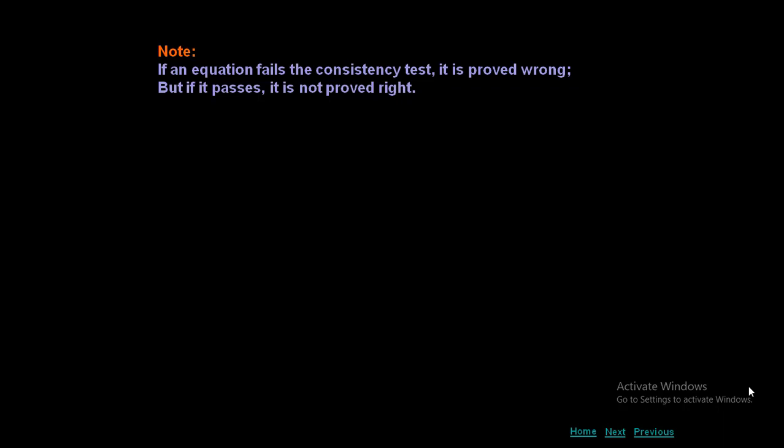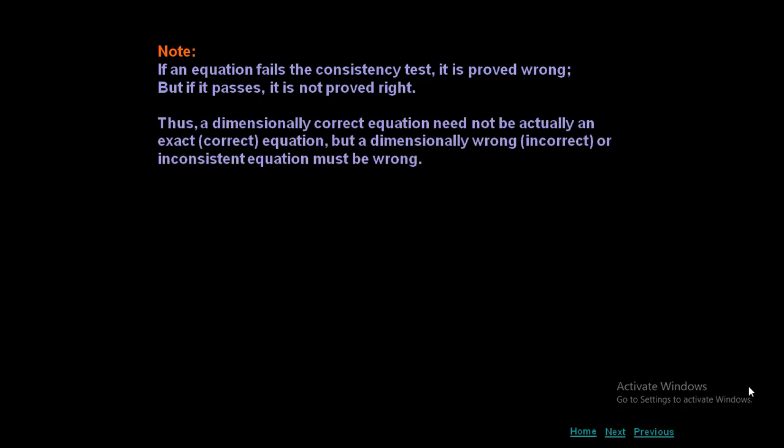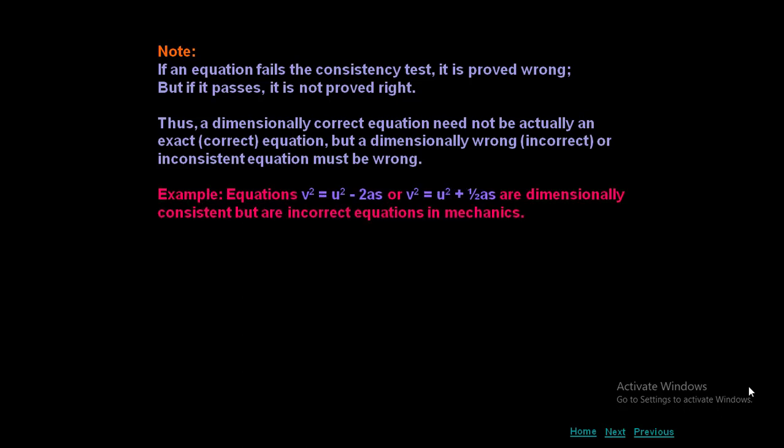Instead of plus, if I keep minus, then also it is dimensionally correct, but actually it is wrong. Thus, a dimensionally correct equation need not be an exact equation, but a dimensionally wrong or inconsistent equation must be wrong. For example, the equations v square equal to u square minus 2as or v square equal to u square plus half as are dimensionally consistent but are incorrect equations in mechanics.